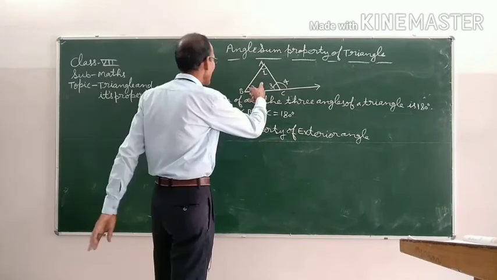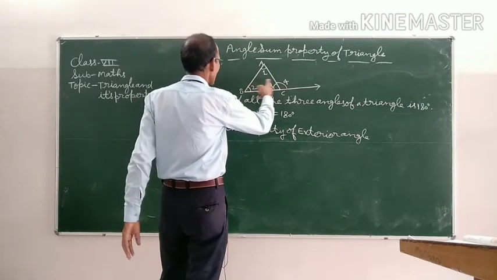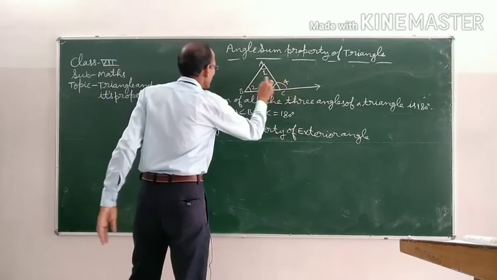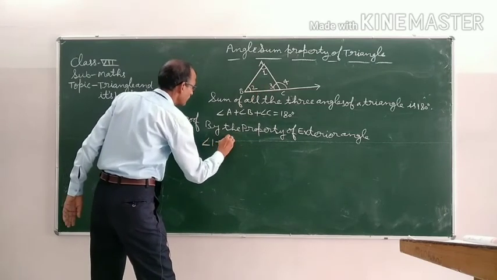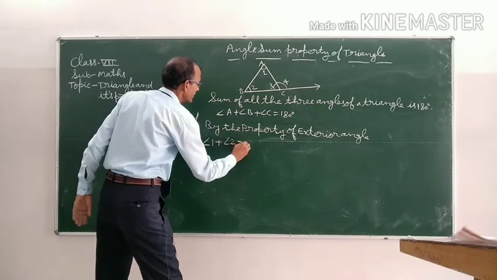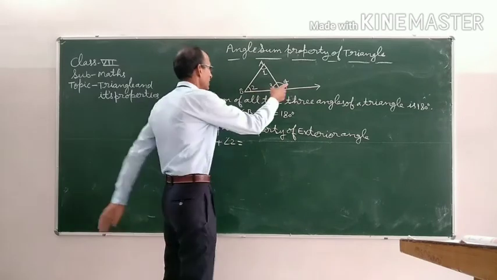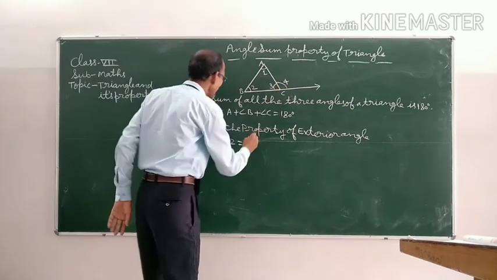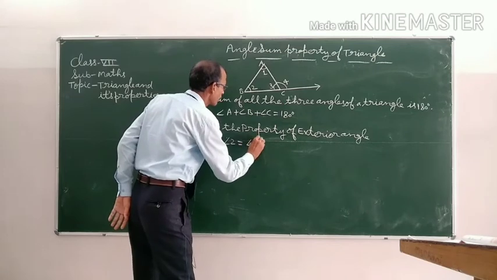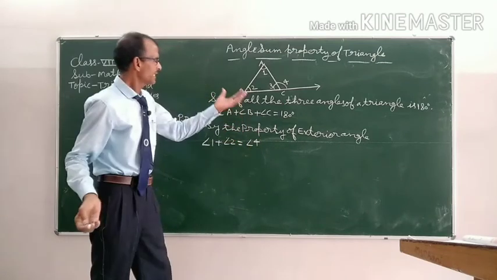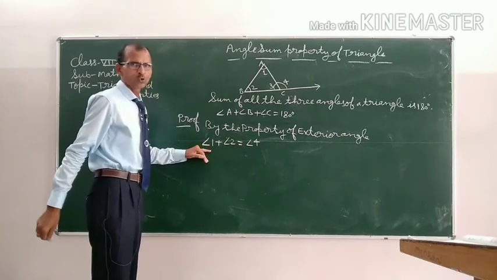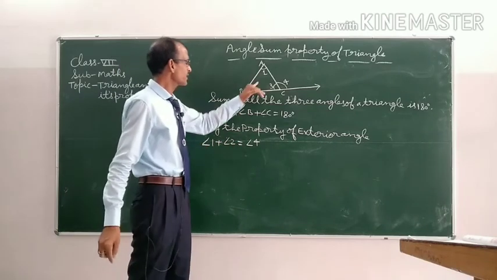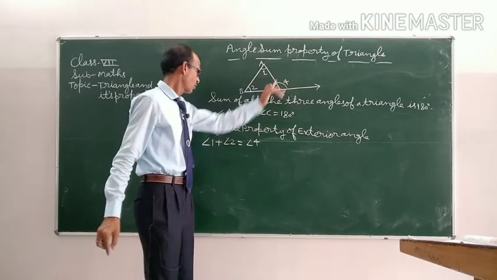So we can write angle 1 plus angle 2, sum of interior opposite angles, is equal to the exterior angle, is equal to angle 4, because exterior angle equals the sum of interior opposite angles. So we can write angle 1 plus 2 is equal to angle 4. Okay?